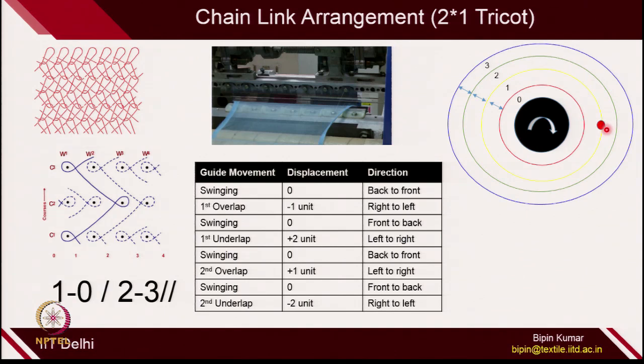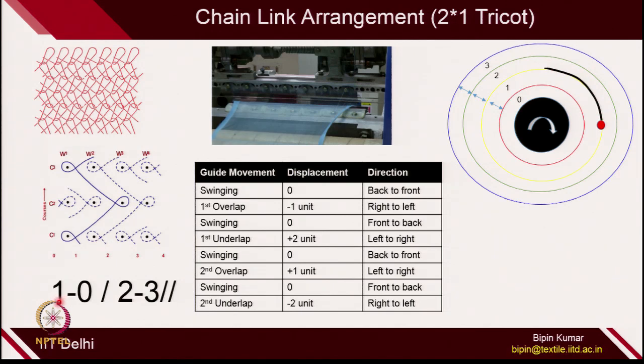Once it meets the one position, it stays here doing the swinging to go back to the front side of the needle. It keeps the radius the same, and when the radius is the same there will be no lateral shifts. In that time interval it does the swinging and goes back to the front side.